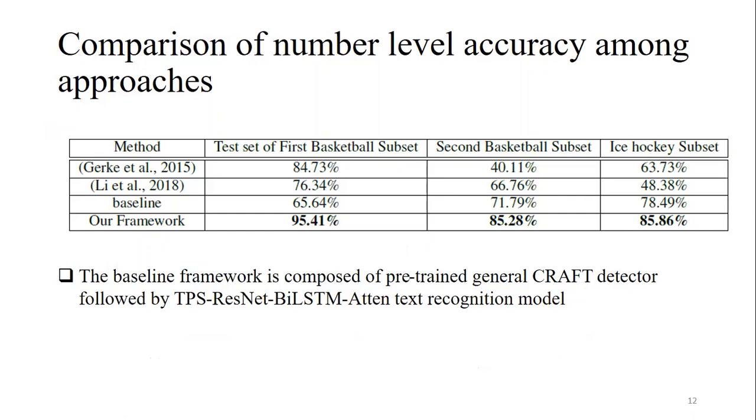From this table, we can notice the baseline framework outperforms both related works, Gerg et al. and Li et al., on the ice hockey subset and the basketball subset. And the introduced framework accomplishes even better performance on all subsets of the sports jersey number dataset due to its robustness to variations of player pose and variations of camera view.